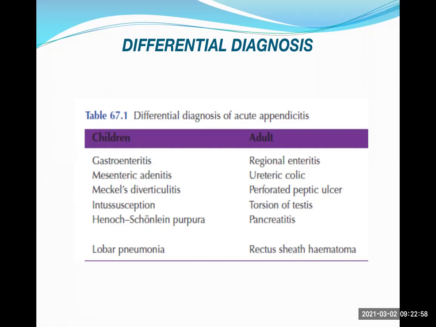Second is involvement of the GI tract. Third, involvement of the kidney. And fourth, involvement of the joint. Never forget it: rash, GI involvement, joint involvement, and kidney involvement. And if all these 4 features are there, then without any doubt, we can easily diagnose this as a case of HSP.